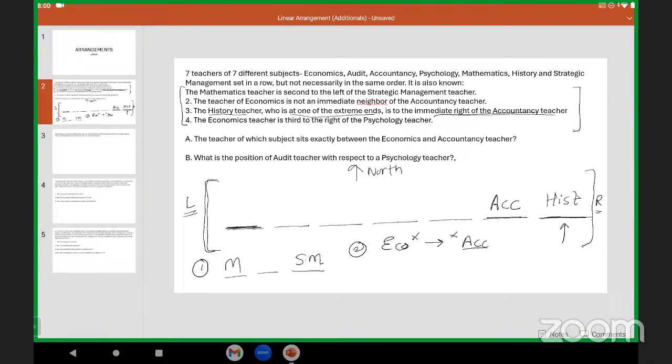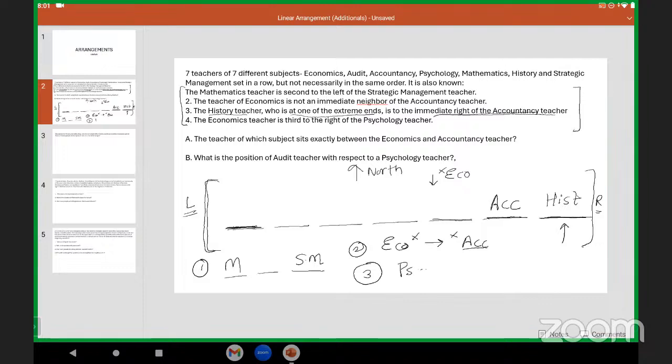So now economics won't be over here. Economics won't be in this place because it is not a neighbor of the one who teaches accountancy. The economics teacher is third to the right of psychology teacher. So it is third to the right of psychology teacher. Psychology being third to the right, we have two possibilities. First, let us write down: the economics teacher is third to the right of psychology teacher.